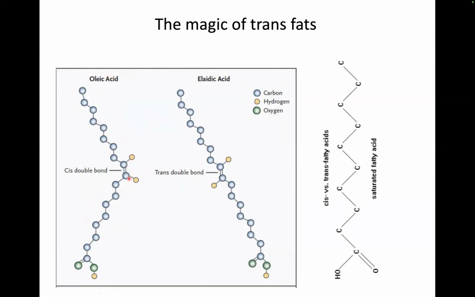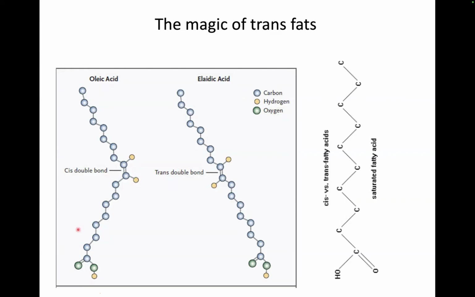So this is oleic acid here, and you see this double bond. That double bond causes a kink in the fatty acid, and that actually makes it liquid. That's the difference between oil and many fats. It's liquid at room temperature, and it also makes it much less stable.